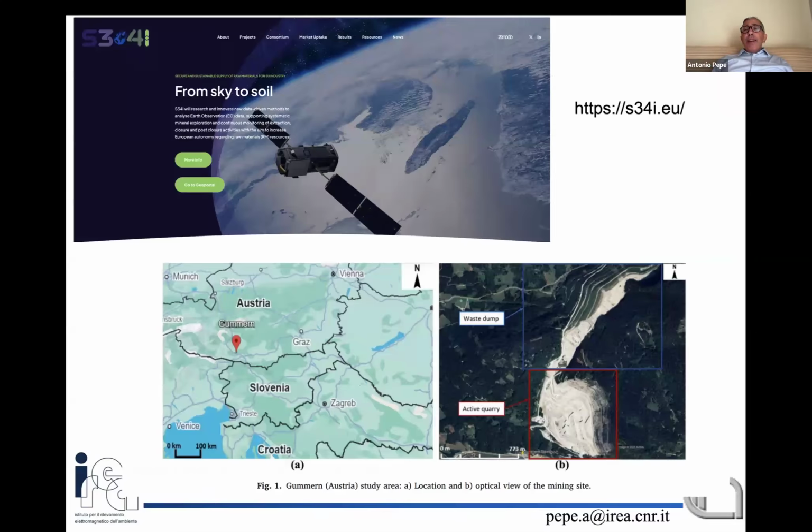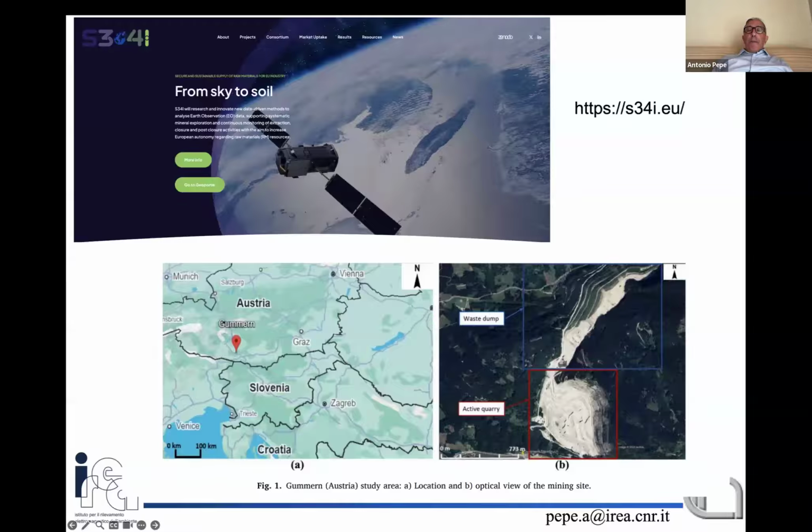These are time series. Recently, we have also been involved in a European project, in particular the S34I project. In this case, we also complemented the information coming from different satellites. In particular, the goal was to understand the ground displacements associated with a mining region in the Gummern area.